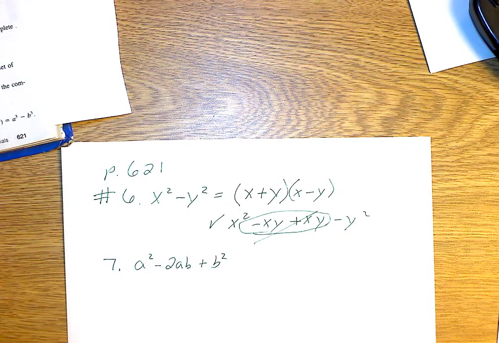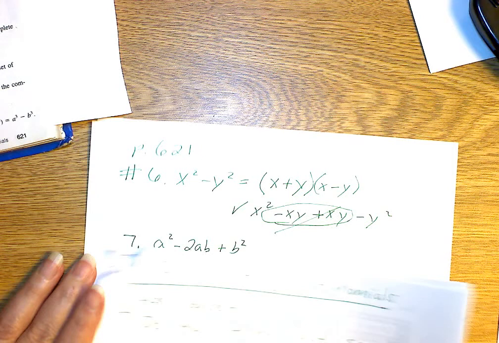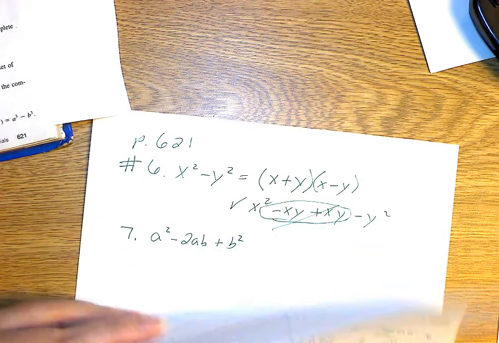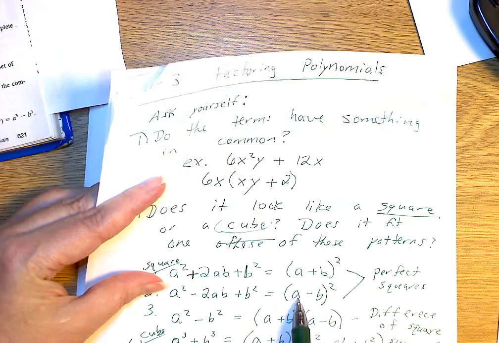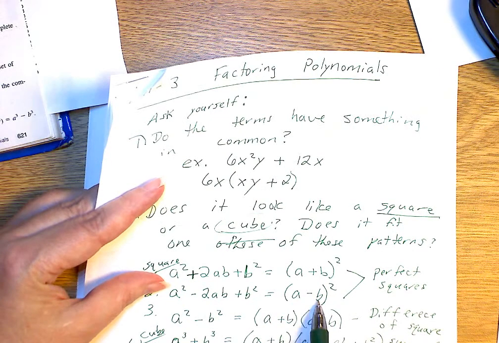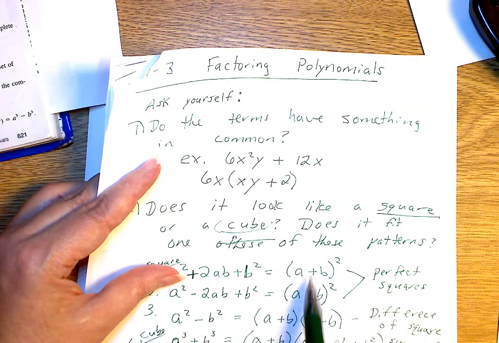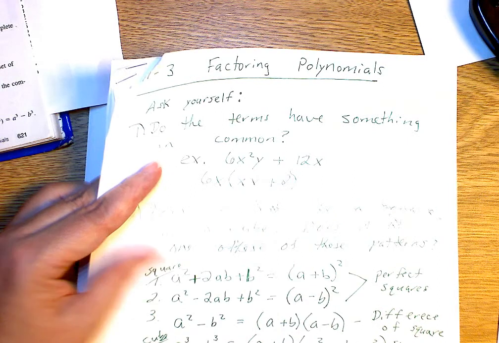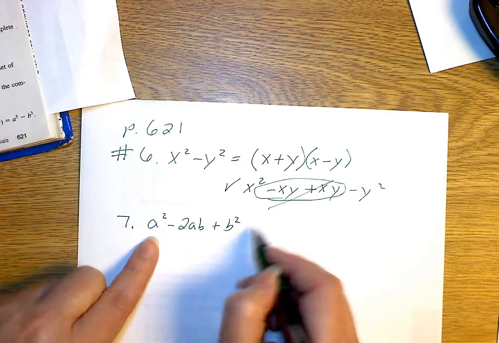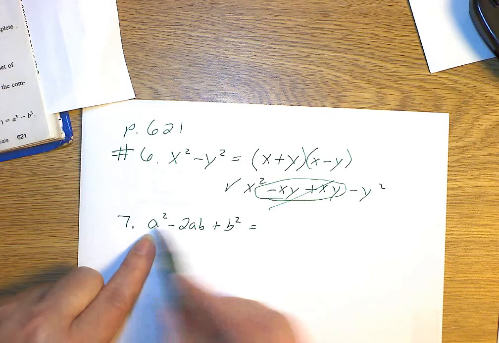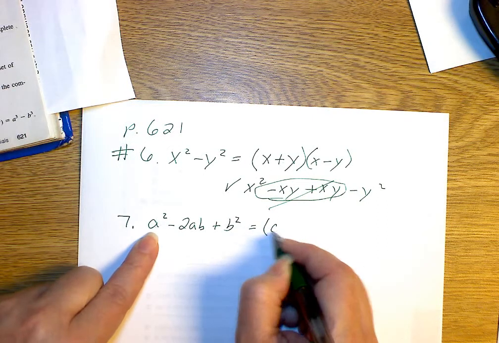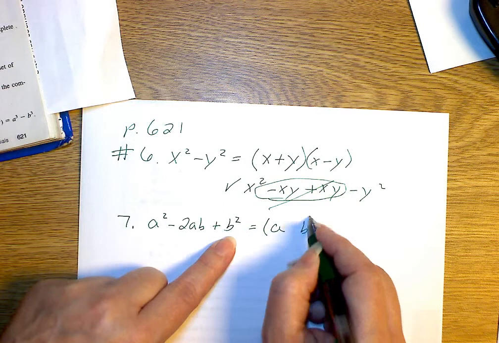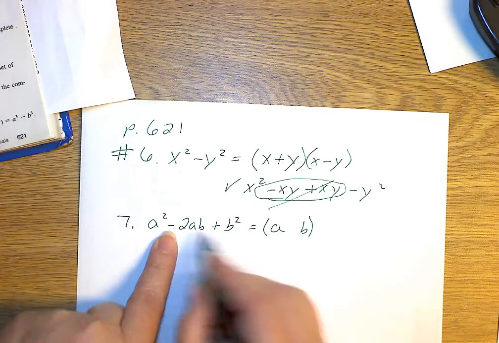The perfect square says to take the square root of the first, the square root of the last, and it has the same sign as your second term. So I simply take the square root of the first, a, and b, and then it has the same sign as the last.